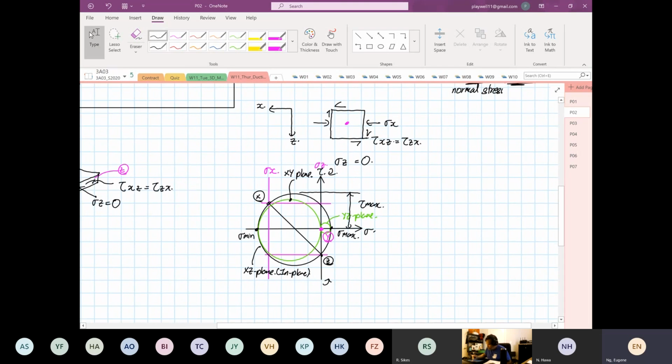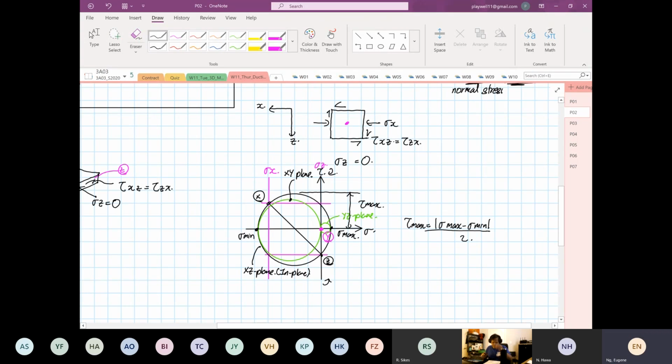So we have to use the criteria where the shear max is equal to the absolute value of stress max minus stress min, divided by 2.